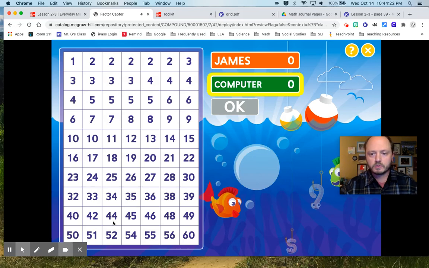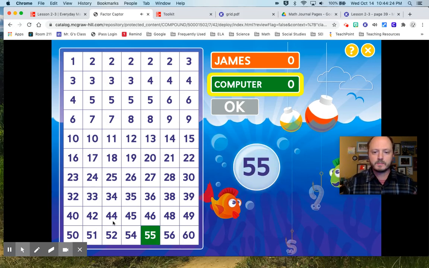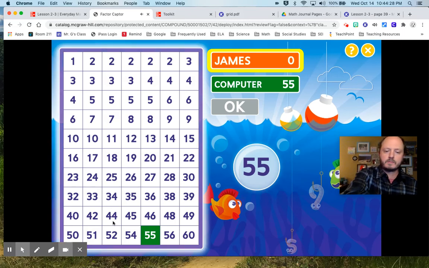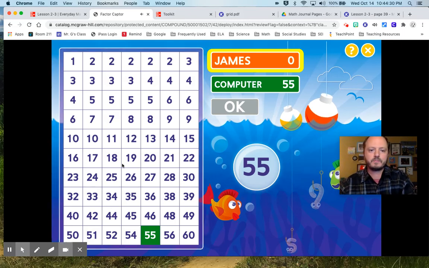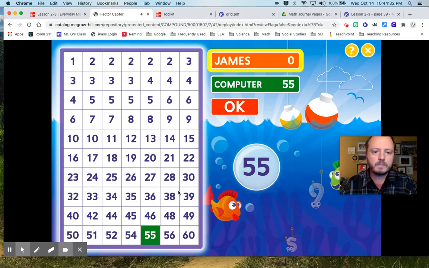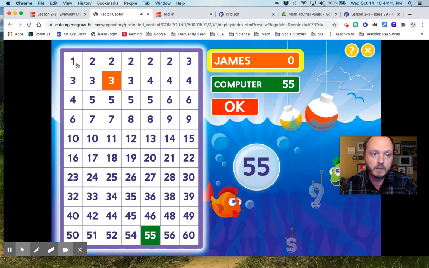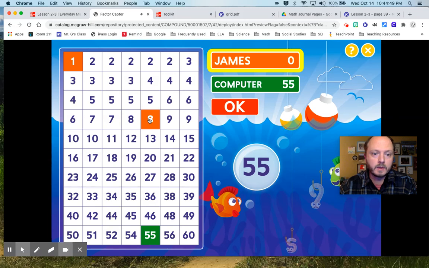it'll be telling you instructions, and I have them here in my headphones. Number. Then click OK. So the object of the game is one person picks a number, and the other person tries to find as many of the factors as they possibly can for that number. So I'm gonna claim the 1. I'm gonna claim a 5.